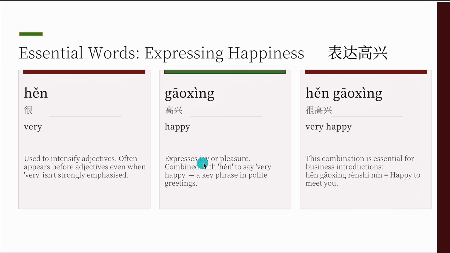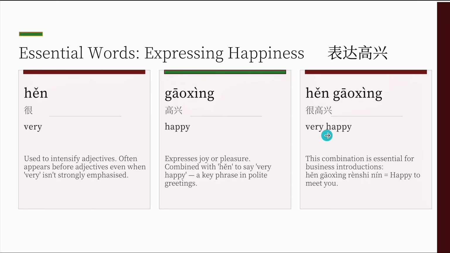It is used to express joy or pleasure, combined with 很 to say very happy, which is a key phrase in polite greetings. When you meet people, you'll be like, oh, I'm so happy to meet you. I'm so glad to meet you. I'm so pleased to meet you. You say, 很高兴. Very happy.